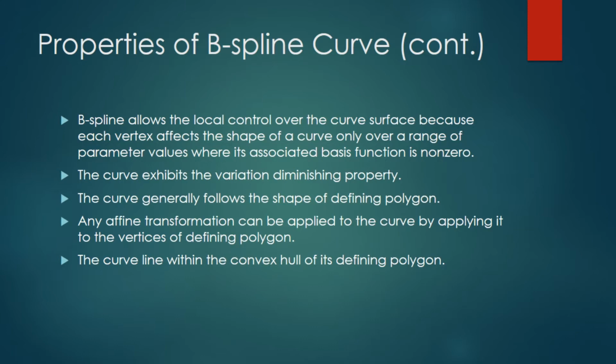The curve generally follows the shape of the defining polygon. Any affine transformation can be applied to the curve by applying it to the vertices of the defining polygon. The curve lies within the convex hull of its defining polygon.